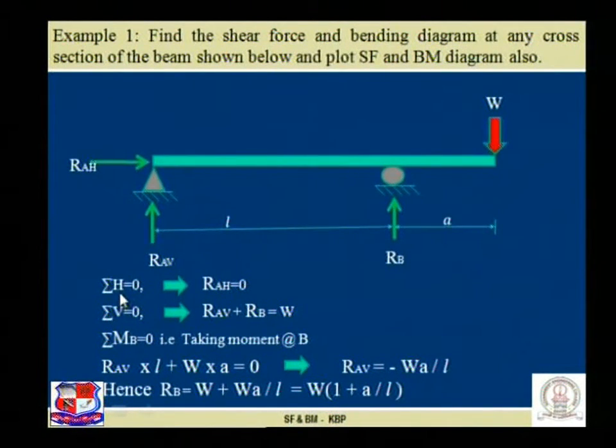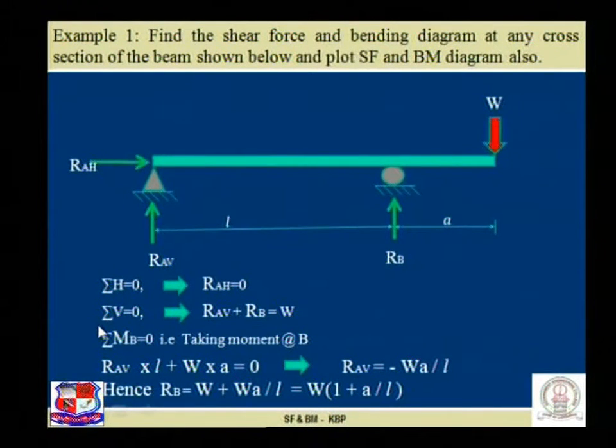What is sigma H? Sum of all the horizontal forces is equated with 0. Here in this system, only RAH is acting, that is the reaction generated at A. Not a single external horizontal force is acting on this particular body, which means RAH is equal to 0.